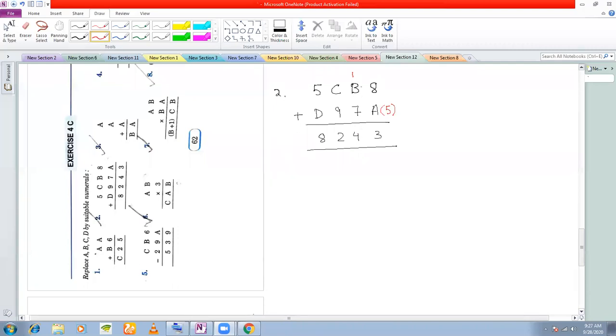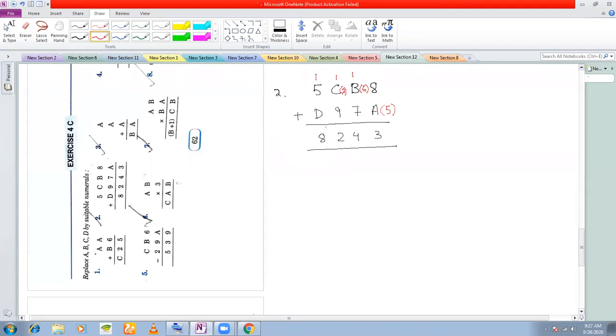So that means the possible value of B can be 6 here, because if you add 7 plus 1 plus 8 it will give you 14. So 1 is again carry here. Okay. 9 plus 1 will give you 10. 10 plus what digit will give you a 2 here? If I take C is equal to 2, then I'll get 10 plus 2, 12. So 1 is again carry.